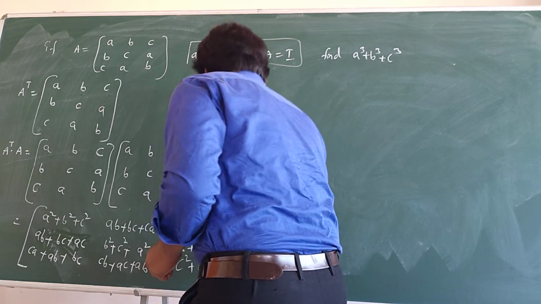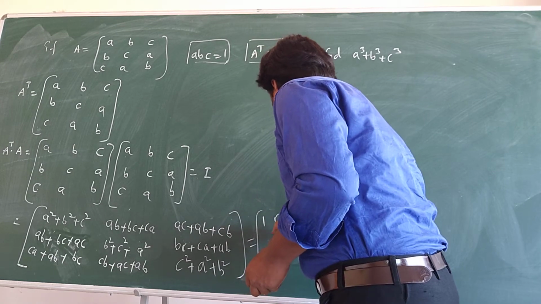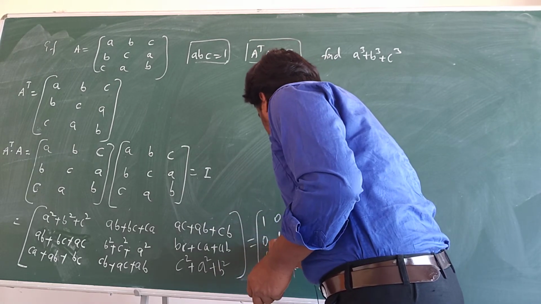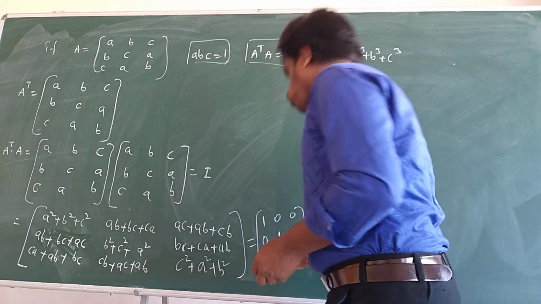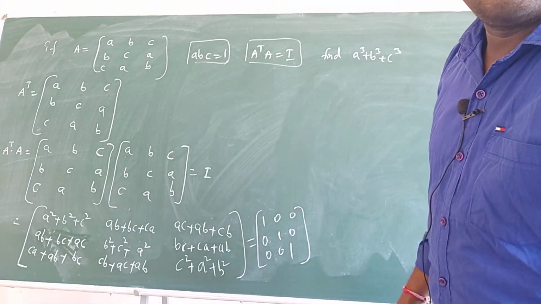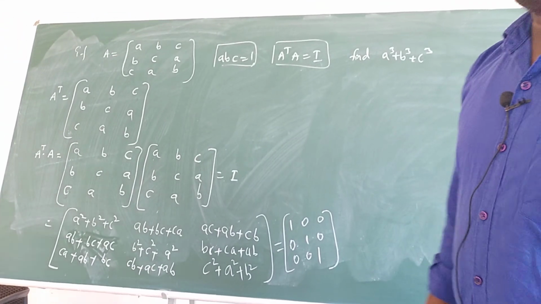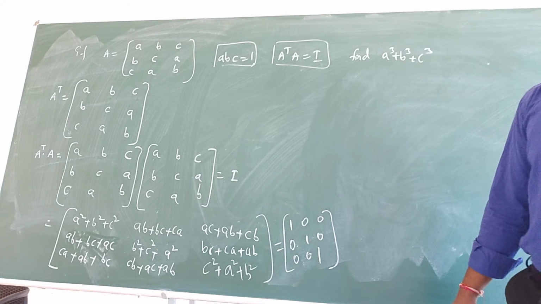That is equal to I, which can be written as 1 0 0, 0 1 0, 0 0 1. Right? These two matrices are equal, and their corresponding elements are equated.